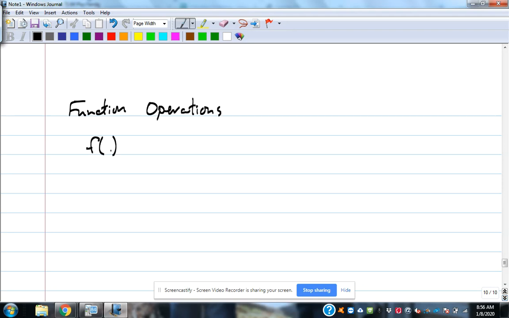So let's get a couple of functions here. f of x is equal to 3x minus 5, and g of x is equal to 5x plus 1.